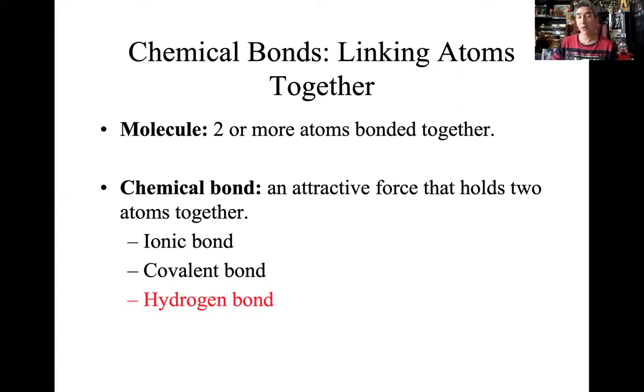Is it a non-polar covalent bond? Is it an unequal sharing, a polar covalent bond? And we have to then understand the strengths of electronegativity in order to help us understand polarity or non-polarity. So that kind of leads us then to the third and final bond that we're going to cover this semester, which is the hydrogen bond.